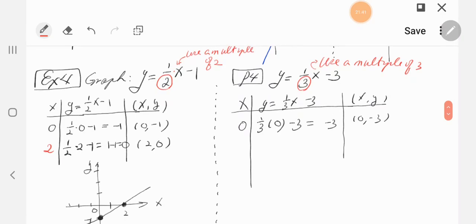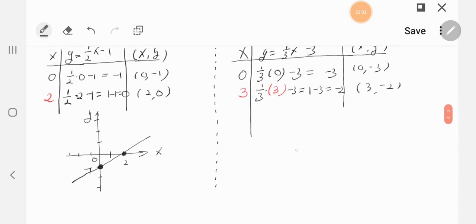So we will use 3 for the x value instead of 1. So 1/3 times 3 minus 3. That is equal to 1 minus 3, which is negative 2. So when x equals 3, y is negative 2. Make sense? So we have 2 points.